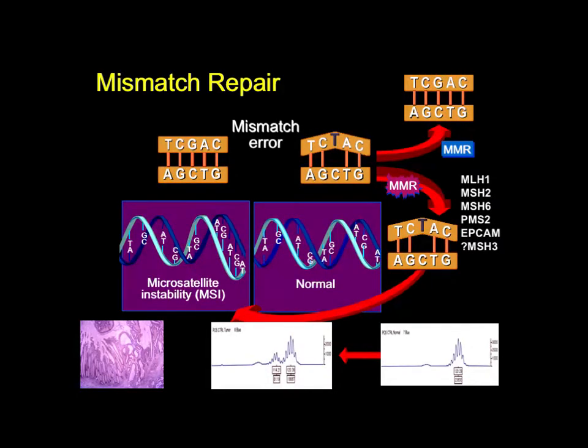But when the mismatch repair genes are not doing their work, we allow mutations to occur, particularly targeting areas that have microsatellite regions, and those become mutated, and interestingly, probably are associated with proteins that themselves are neoantigens that may stimulate a very important immune response that may be a foundation for the development of vaccines, which I think is something that hopefully we'll be talking about over the next day or so.